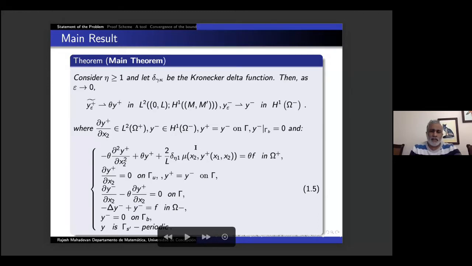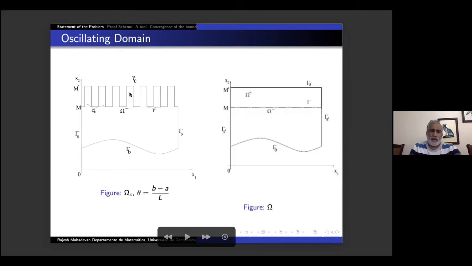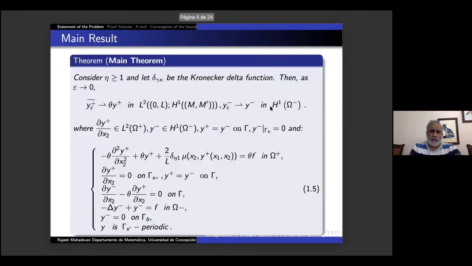The Robin condition, which is on the oscillating boundary, will now reappear as a source term, as an interior term. Sorry. You have it appearing here, and this happens when eta equals 1. So delta eta 1 means it's 1 when eta equals 1, and 0 when eta is different from 1. It's the Kronecker delta function.